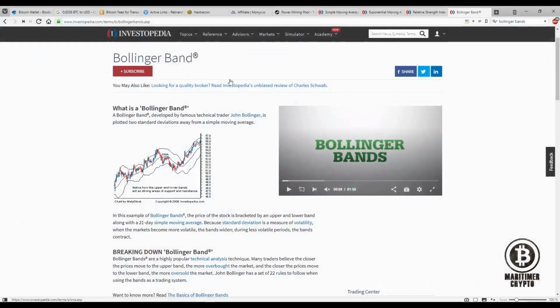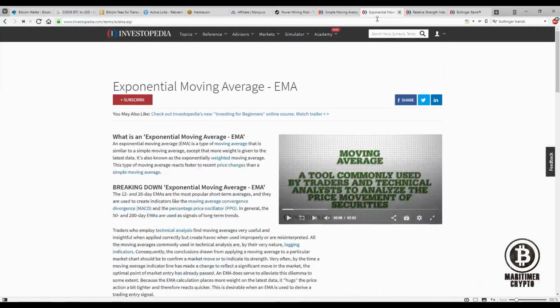According to Investopedia, the exponential moving average is a type of moving average, similar to the simple moving average, except that more weight is given to the latest data. So the formula is different, probably more complex. It's also known as the exponentially weighted moving average.